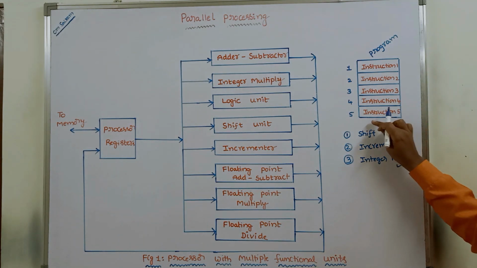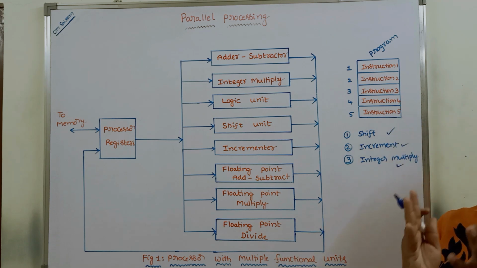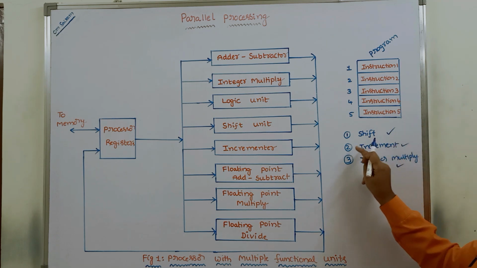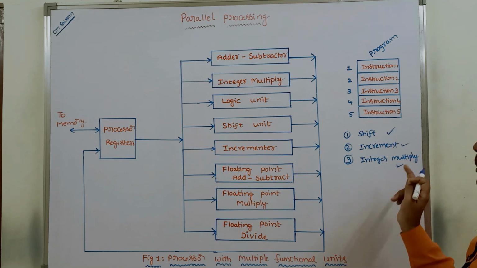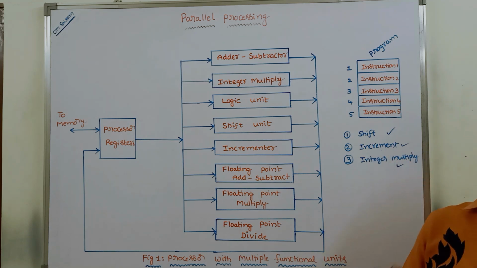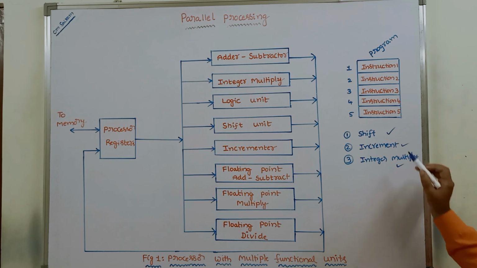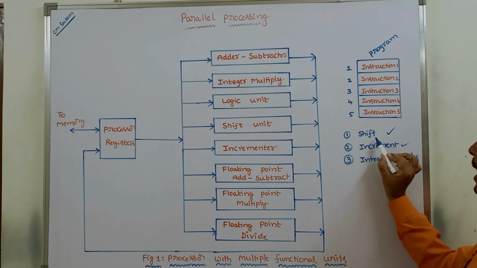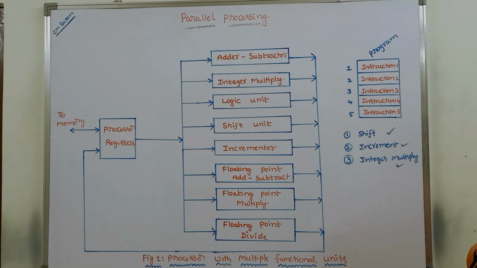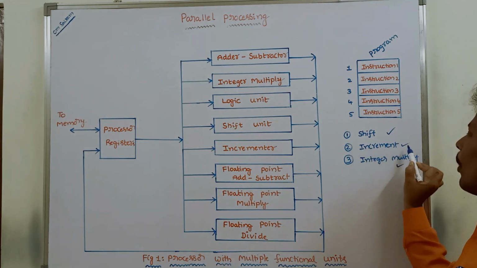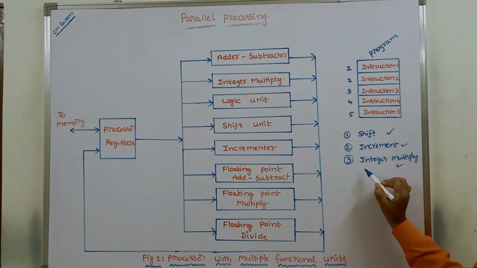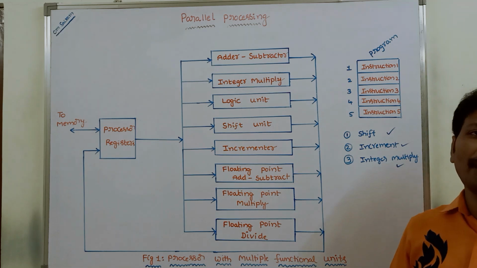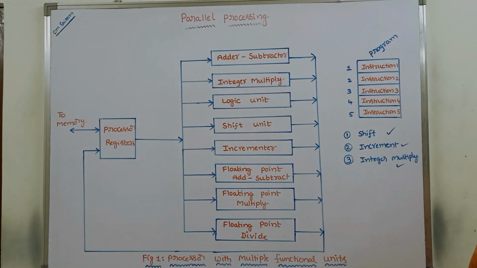Here we are providing one number as input. Here we are providing one number as input. Here we are providing 2 numbers as inputs. So one operand is required for performing shift operation, one operand is required for performing increment operation, and 2 operands are provided for performing integer multiplication.